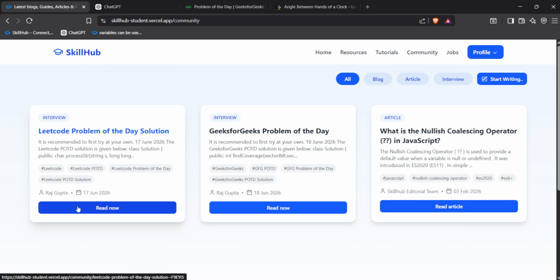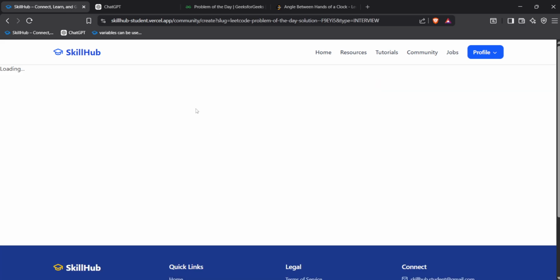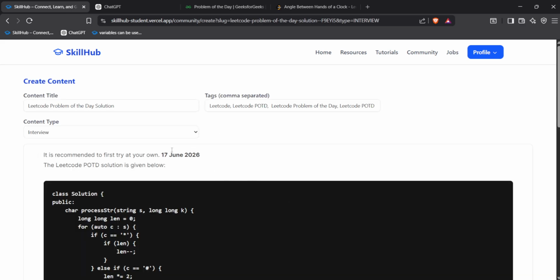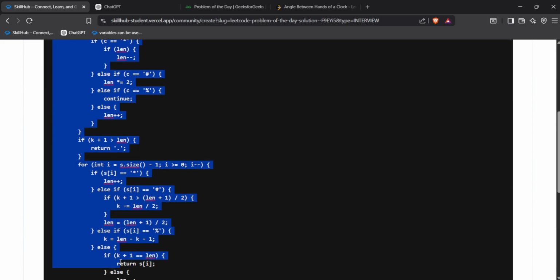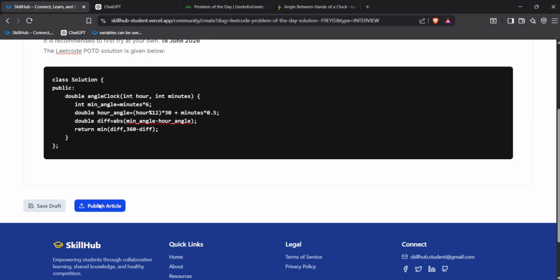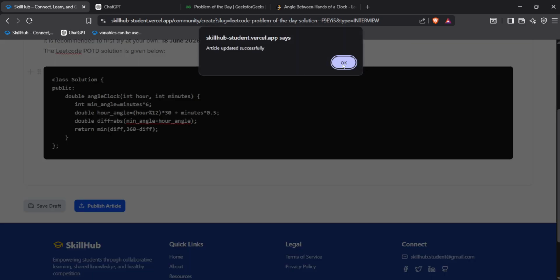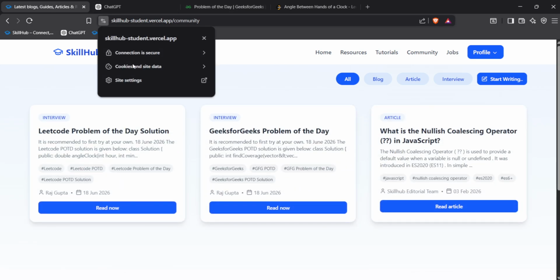This is deployed on Render, so because of cold start it is taking time. Today is 18 June, and I have updated this. It is published successfully, so you can find it on this site.